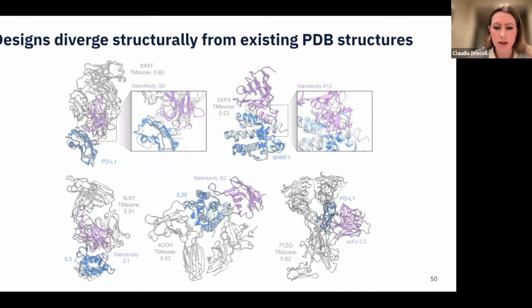In each case, the closest structurally similar protein, I'd say, is this peptide for BHRF, just this helix. But when you zoom into the actual residues, we see very, very little overlap, which was encouraging.